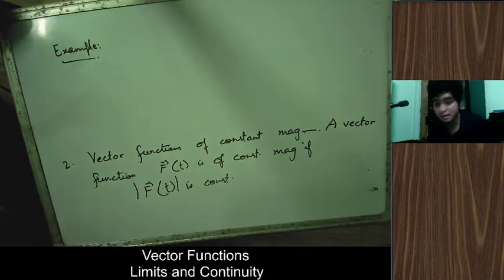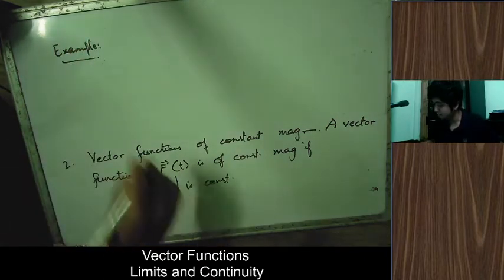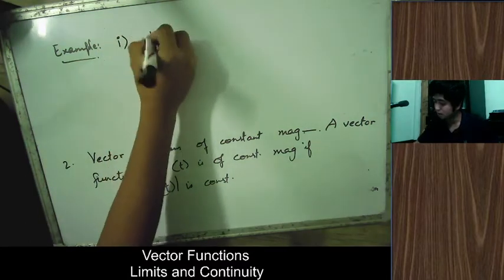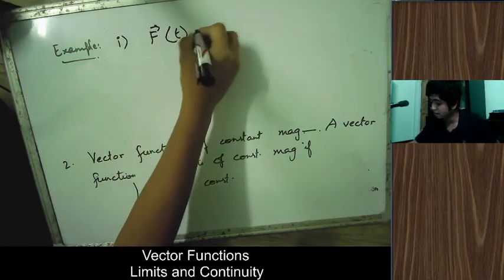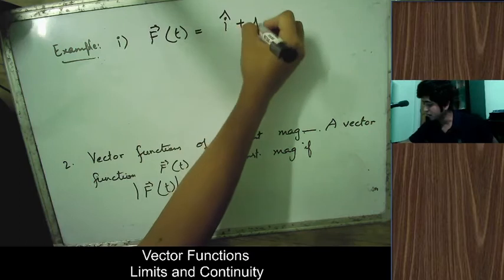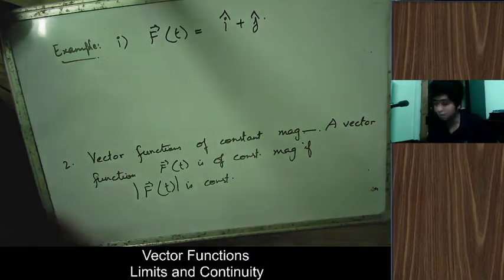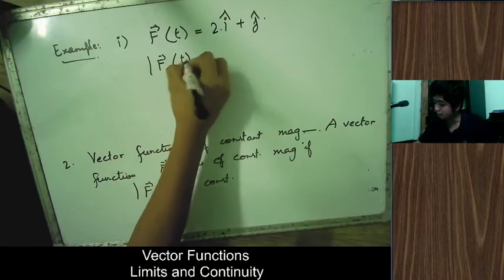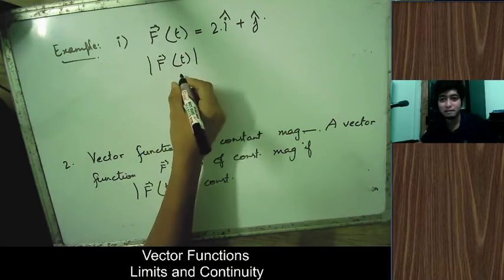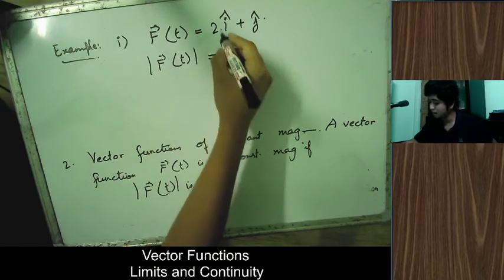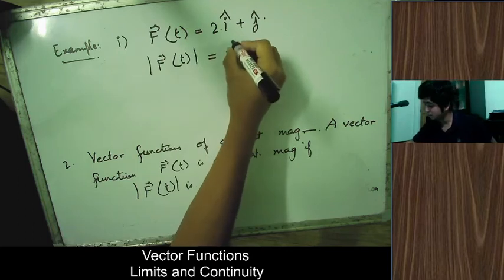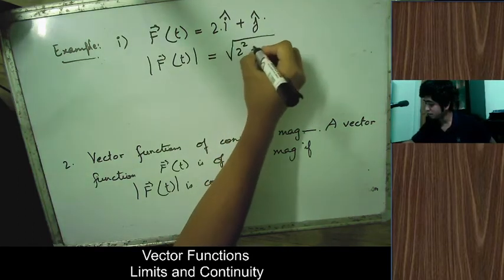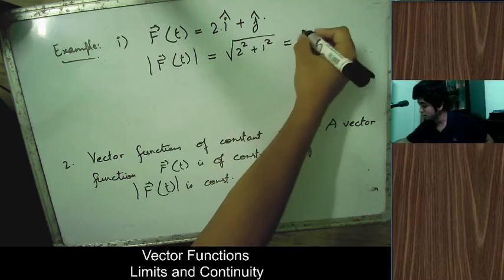Number 1, let us take f(t) equal to 2i plus j. If you find the magnitude of f(t), it will be root over 2 squared plus 1 squared, which is root 5.